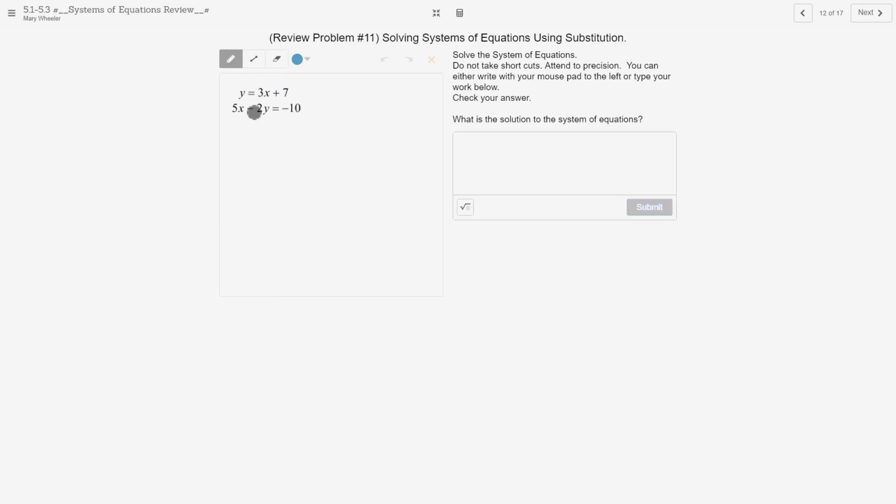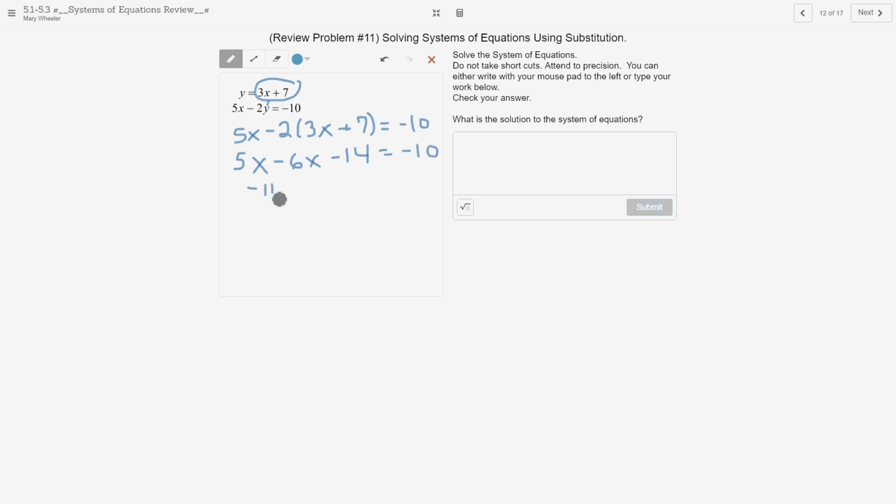Alright, I'm still going to use substitution because that variable is solved for. Take that 3x and substitute it in for y. I'm going to get 5x minus 2 times 3x plus 7 equals negative 10. This time I'm going to have to distribute. The x's are on the same side of the equal sign, so I'm going to combine them.